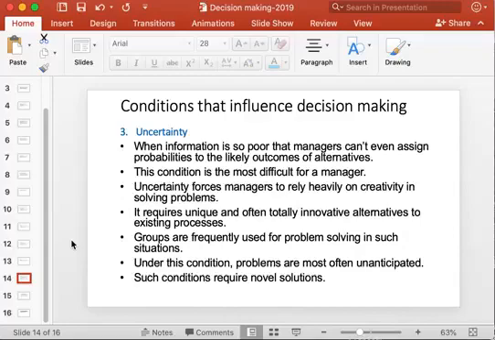And when a manager is faced with uncertainty conditions, groups are frequently used for problem solving in such situations. This condition happens when problems are most often unanticipated and require novel solutions.